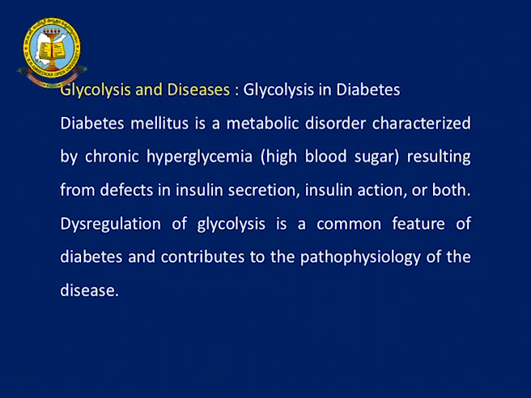Now, the diseases of the glycolysis process mean abnormality of the glycolysis pathway metabolism. Diabetes is very popular nowadays, and glycolysis plays a main role in diabetes. Diabetes mellitus is a metabolic disorder characterized by chronic hyperglycemia and high blood sugar, resulting from defects in insulin secretion and insulin action, or both.